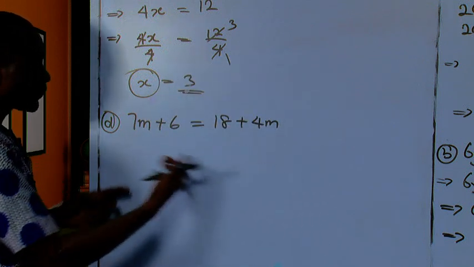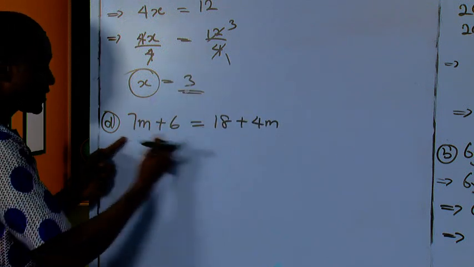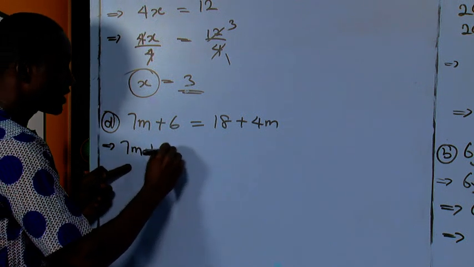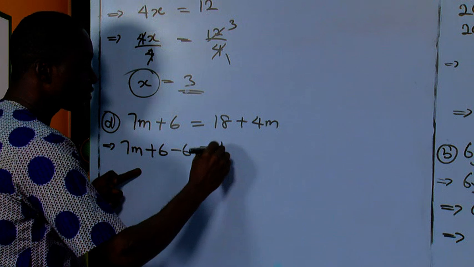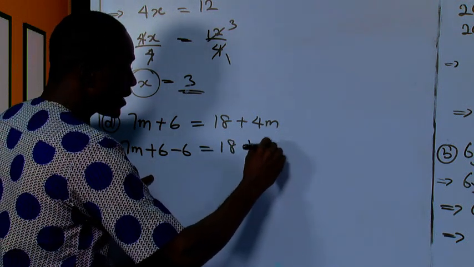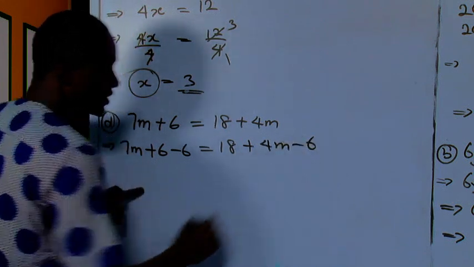To take it away, we are going to subtract 6 from both sides. This will give us 7m plus 6 minus 6 equals 18 plus 4m minus 6.